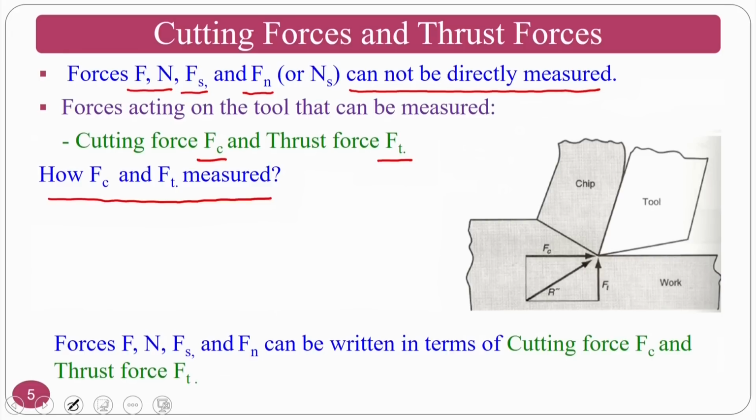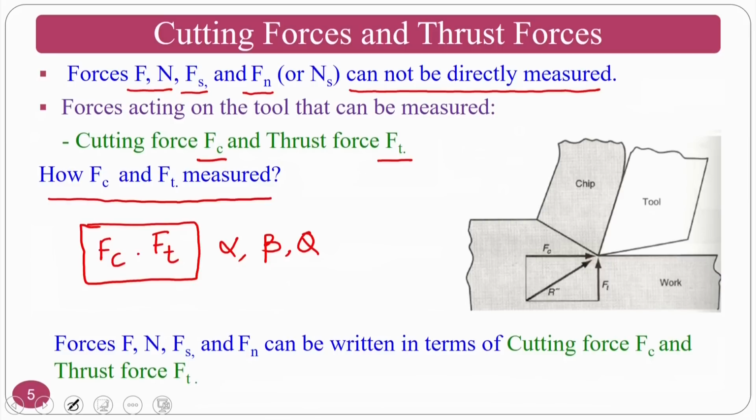So, the only forces we can measure using the dynamometer are Fc and Ft. If we know these two forces and the different angles, the tool angle, that is the rake angle alpha, the friction angle beta, and the shearing angle phi, then with these relations you can calculate the frictional force, shear force, and the forces normal to the frictional force and normal to the shear force.